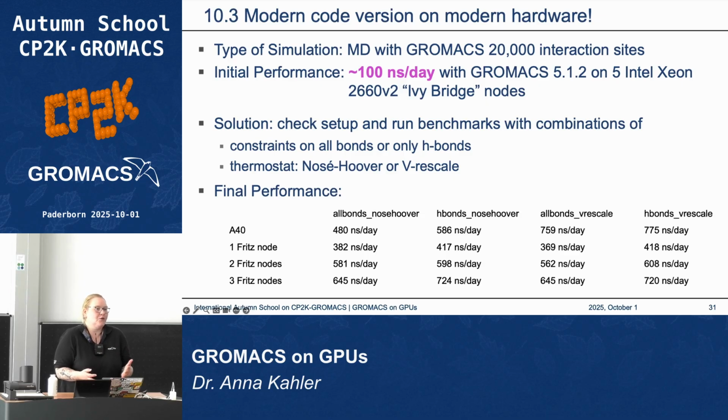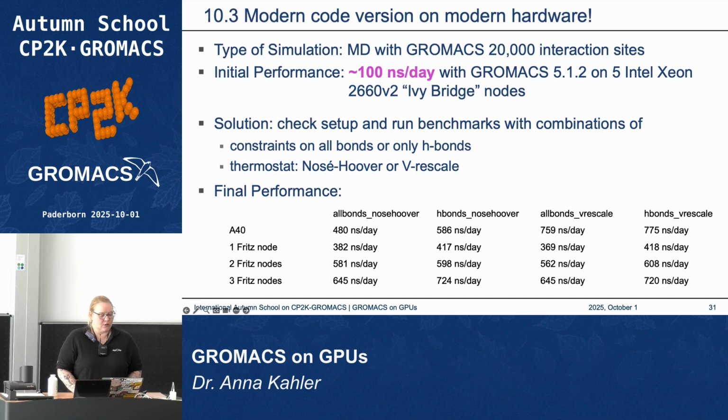If they say we need the constraints on all bonds because otherwise it doesn't work, then we accept it and try to tweak the performance from there. But in this case, we said, okay, we're going to try it with constraints on all bonds, and with constraints on the hydrogen bonds, and see what comes from that.